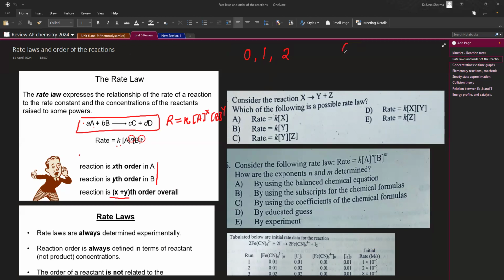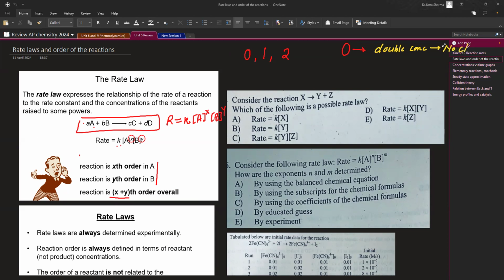When I say order is 0, it means when you change the concentration, let's say you double the concentration, there is no effect on the rate. Rate is still the same. No change in the rate.